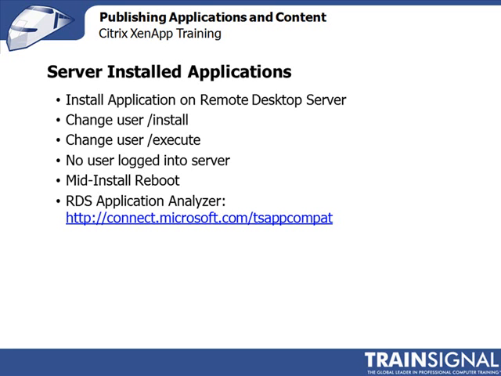So using Install Applications on a Remote Desktop Server basically puts the RDS server in the right mode to accept applications. Now, you can do that from a GUI, or you can do that from a command line by invoking the command change user /install. Change user /install puts the XenApp server into install mode. This mode basically tells the server, I'm about to install an application onto you.